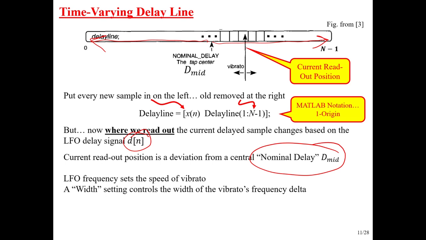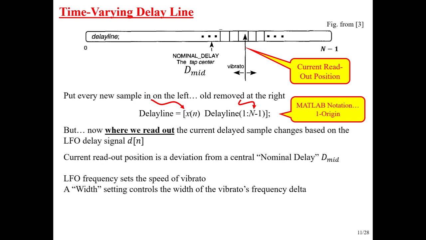So we need to make sure that our W is no bigger than the number of cells to the left and the number of cells to the right. I typically, when I build these in MATLAB, put a couple extra cells out there. There's no harm in doing that. I just need to make sure that I don't overrun my array.